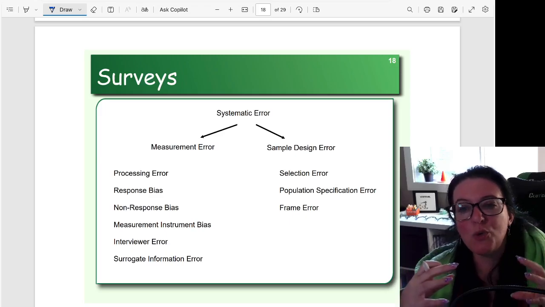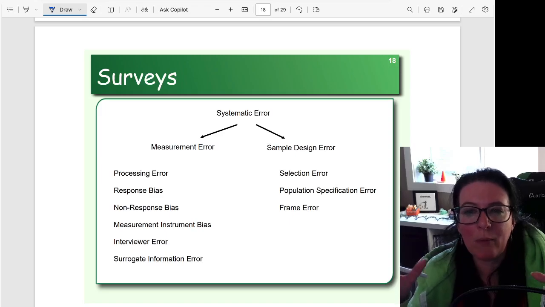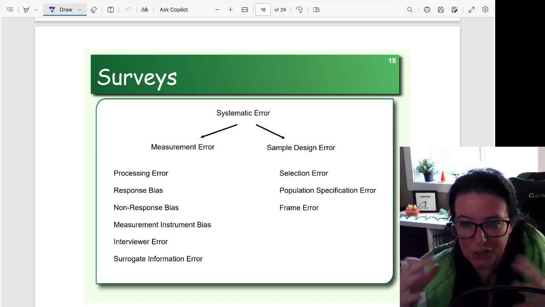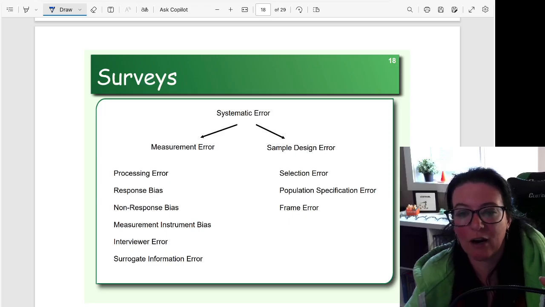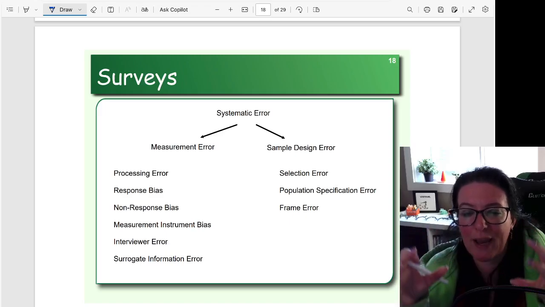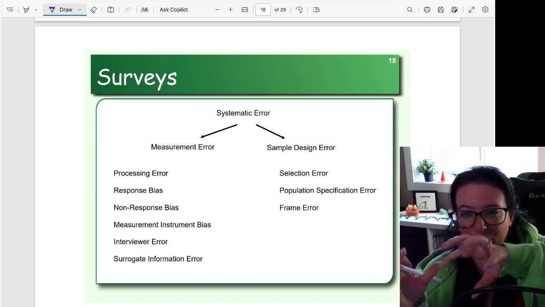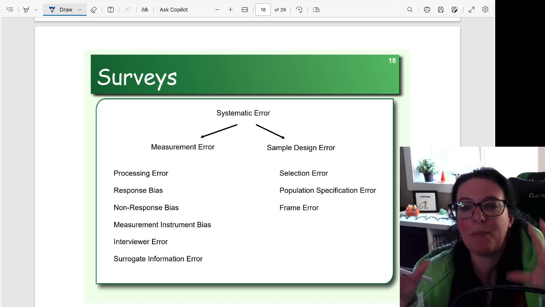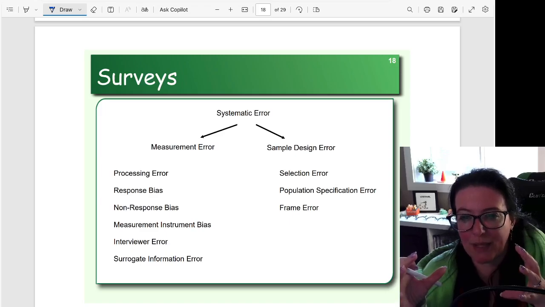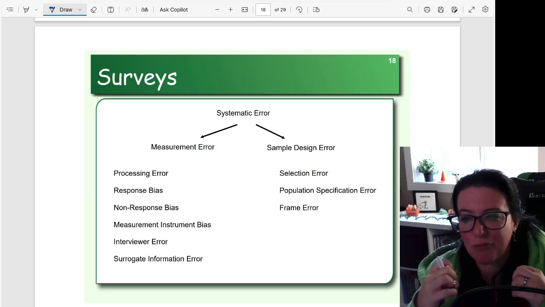So when we go to select the smaller group from that population, maybe we've incorrectly defined the population, so population specification error. Maybe we have frame error, which is then the sampling frame, the list or the group that we think represents the population that we're pulling people from. Maybe it doesn't actually represent the population, so there's a problem with our source that we're getting our sample from.